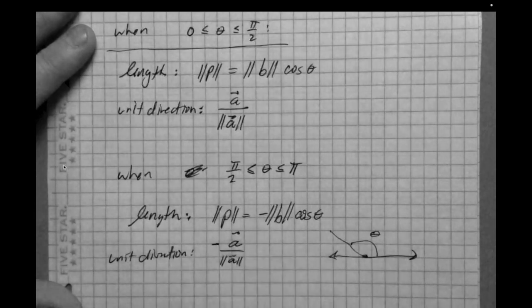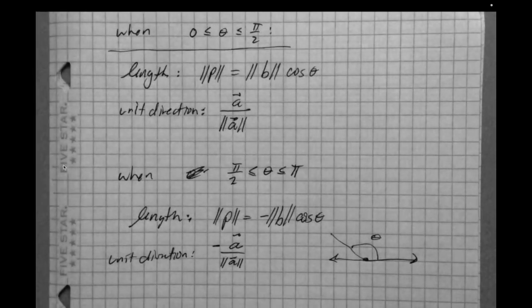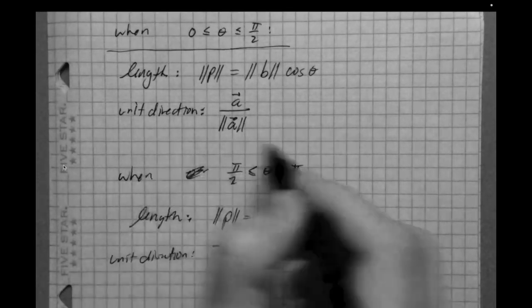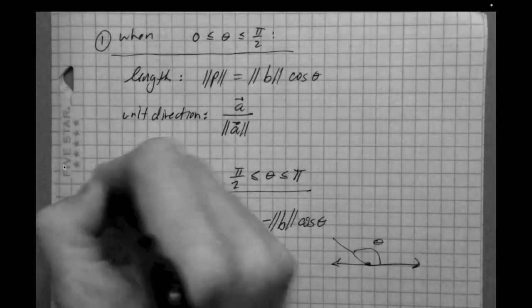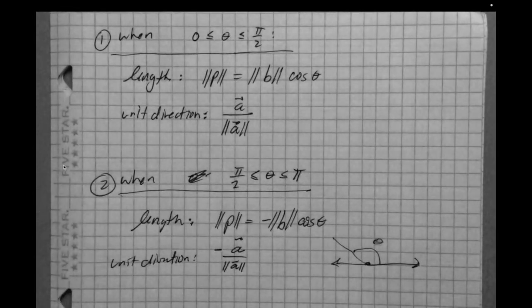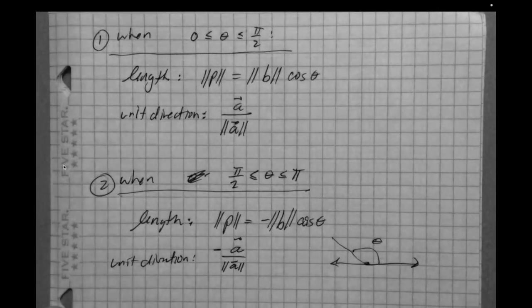So you're going to need a negative sign on the front of the unit direction as well. Okay. And so given these two items, first this and secondarily this, we can express P as follows.